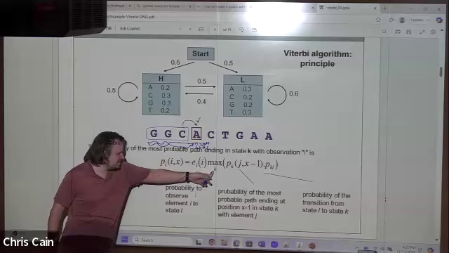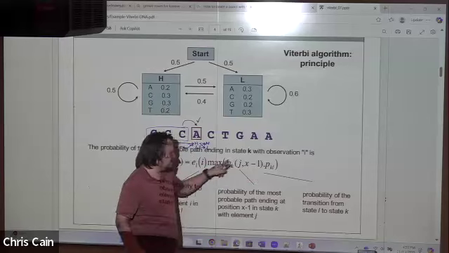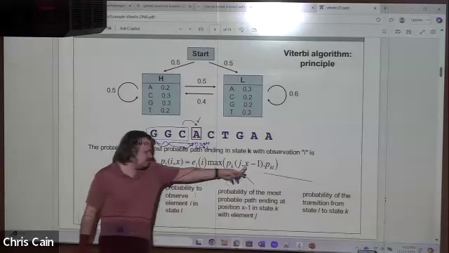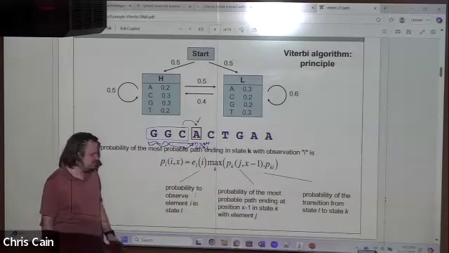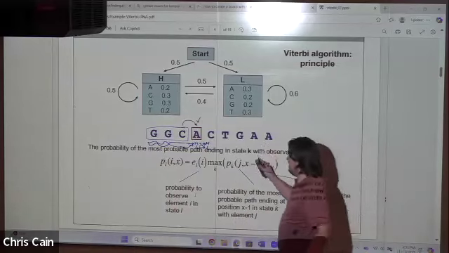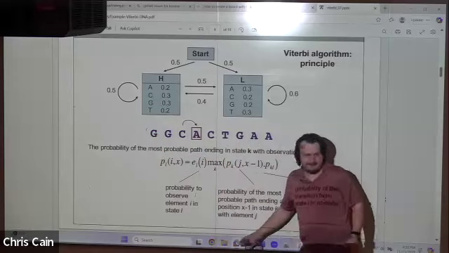So that's all this is saying is the max over all of the possibilities based on the most likely path that you saw up to the past point, at point x minus 1, the most likely path that you've seen up to that point. So that's how you calculate it for a given one. And then once you get all the way to the end, the maximum path has already been calculated.